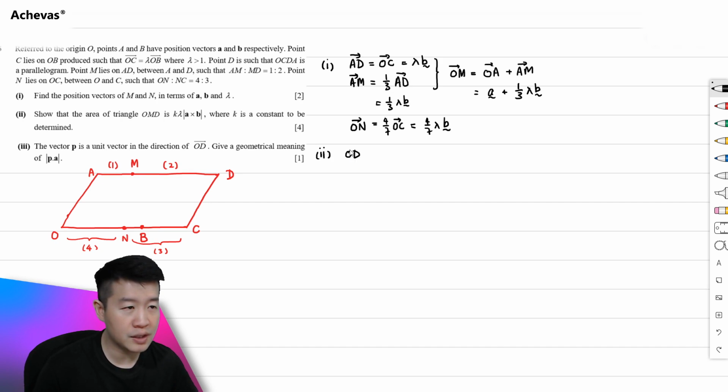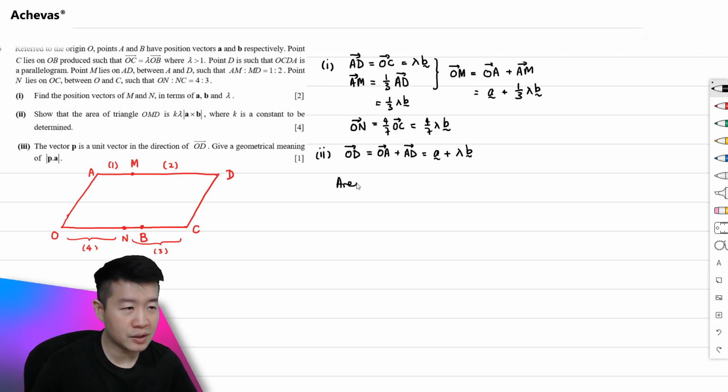For OD, it is OA plus vector AD. So this is A plus AD, and AD is lambda B. Okay, OD is this.